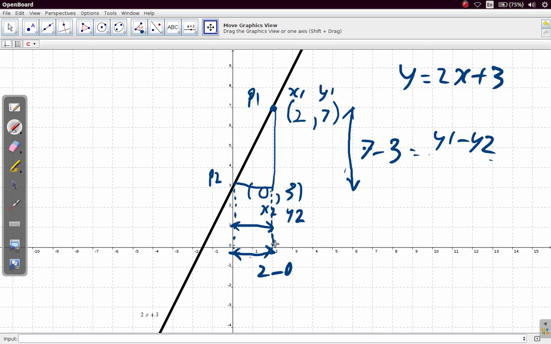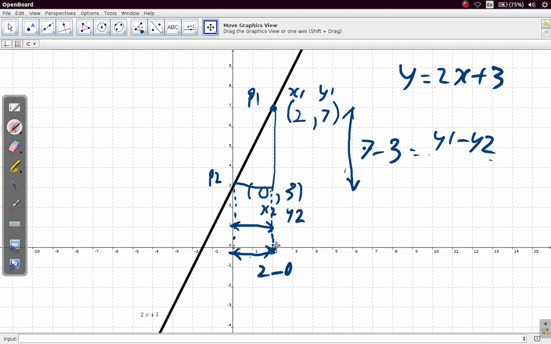But where does it fall in terms of the y value or the x value?